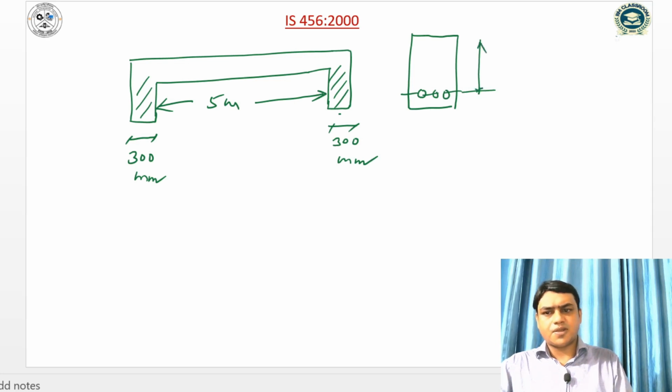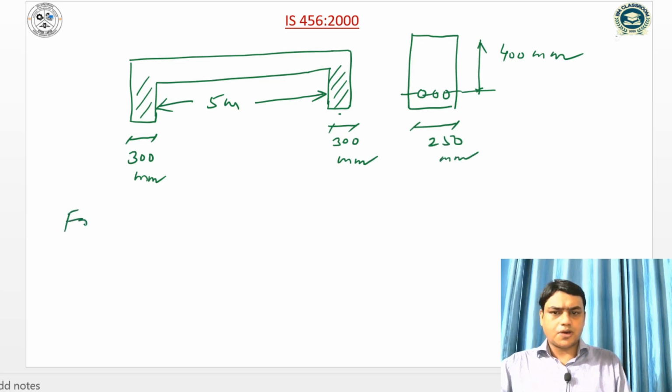The effective depth is 400 mm, and the width of the beam is 250 mm.